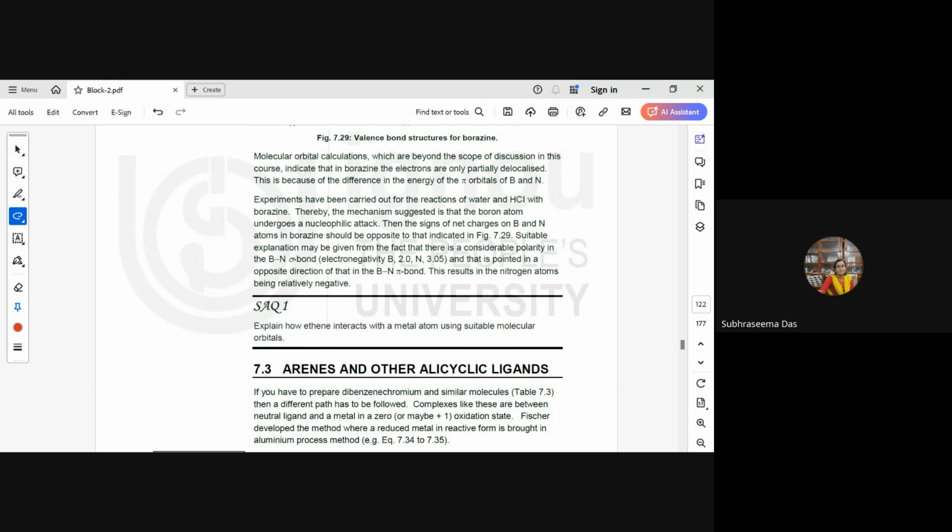In borazine, the boron undergoes nucleophilic attack, and the nitrogen atoms are relatively negative, that is, they carry a delta negative charge.